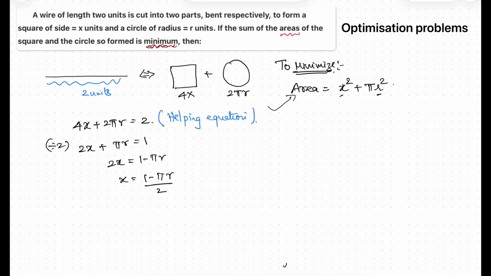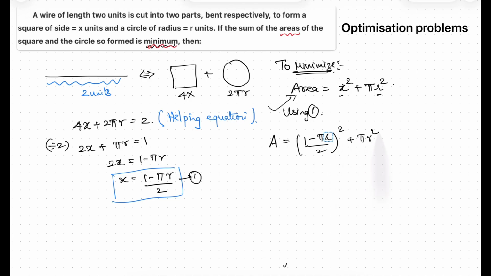Now I can substitute this x in your area function. Using this, I get my area function to be ((1 minus pi r) by 2) whole squared plus pi r squared. Now this whole function has been converted to an area function in terms of r.